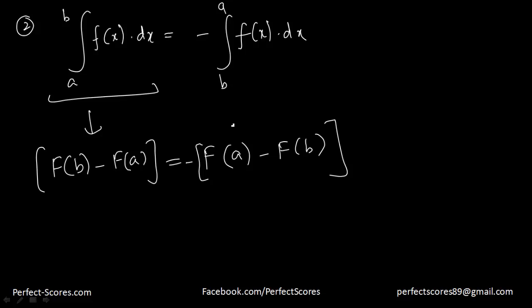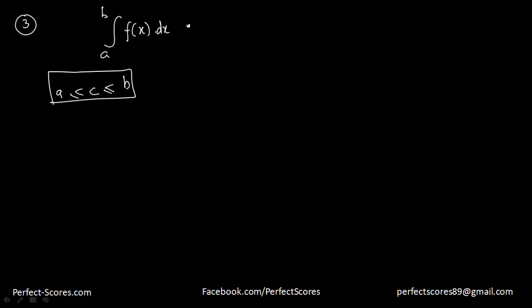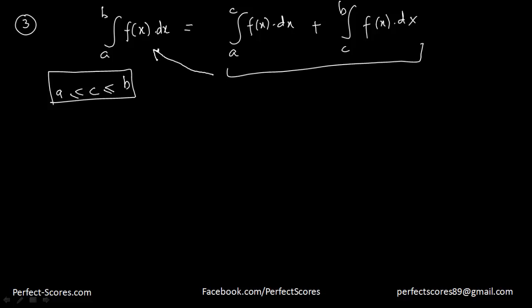Fine. The third property is that if you have an integral of any function, let's suppose f of x dx from a to b, and let's suppose there is a value c which is between a and b, then the integral from a to c of f of x dx plus the integral from c to b of f of x is going to be equal to this integral.